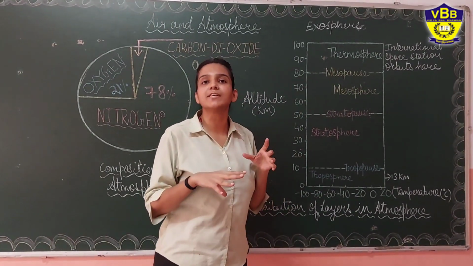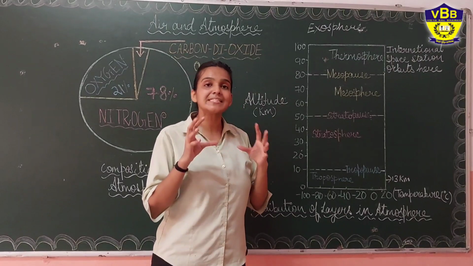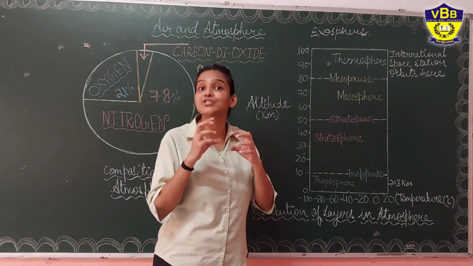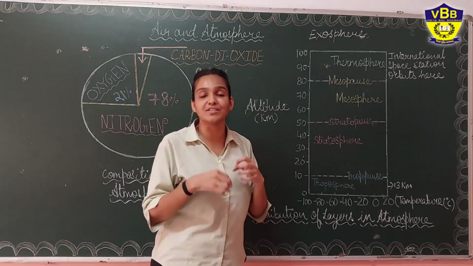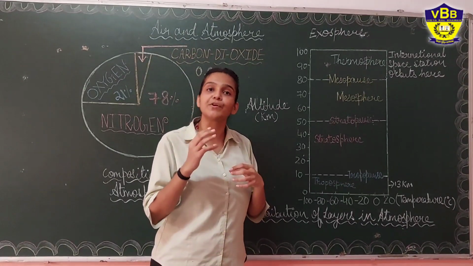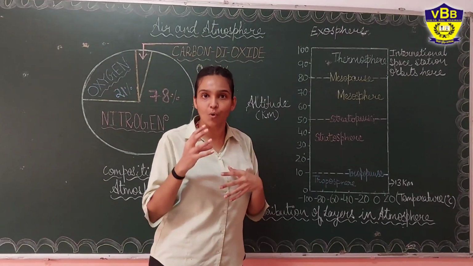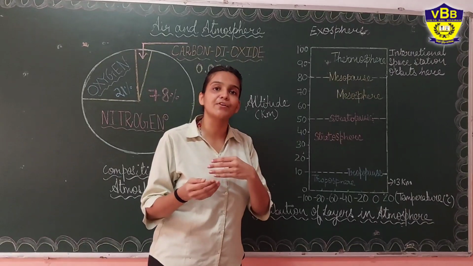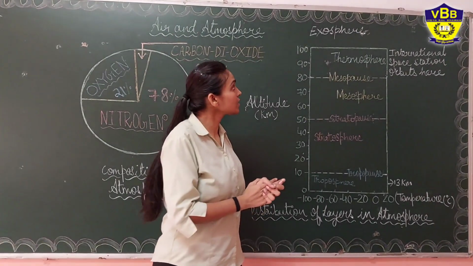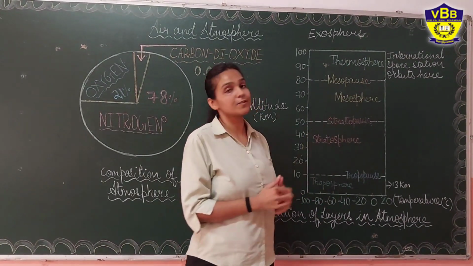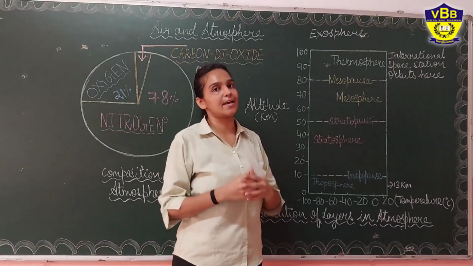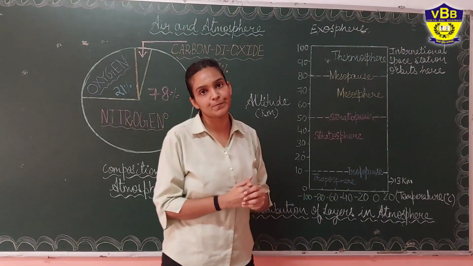Ionosphere is part of this layer. This layer contains electrically charged particles known as ions, which help in radio transmission and also reflect back the radio waves. So, after thermosphere is the outermost layer, that is exosphere.